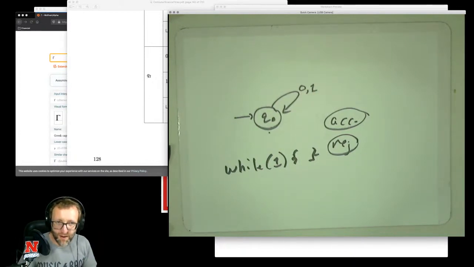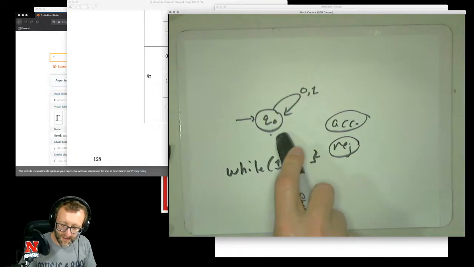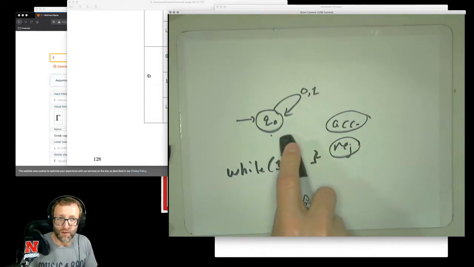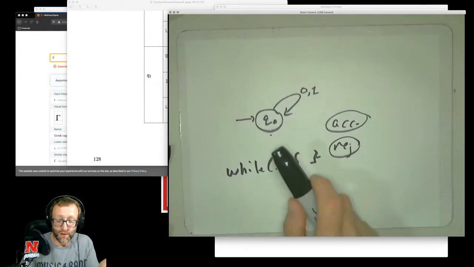I want my computer to run forever in an infinite loop because I don't want it to shut off without me telling it to stop. So sometimes you do want infinite loops, and sometimes infinite loops are necessary to be fully computable.